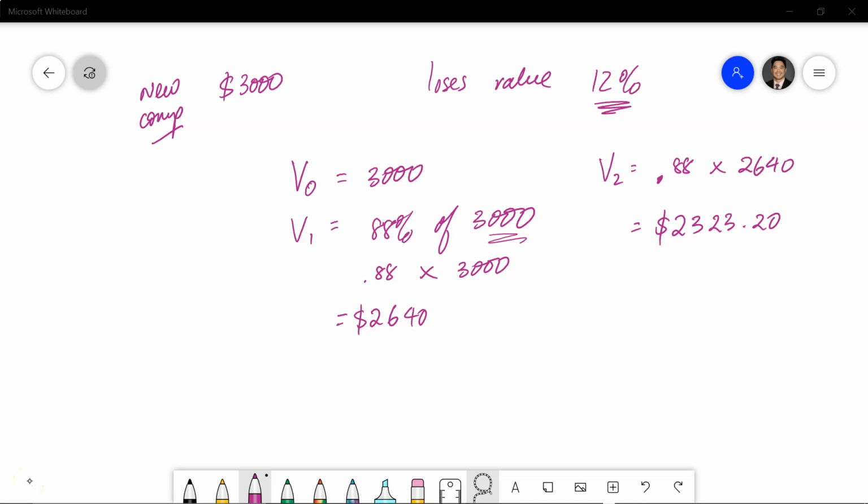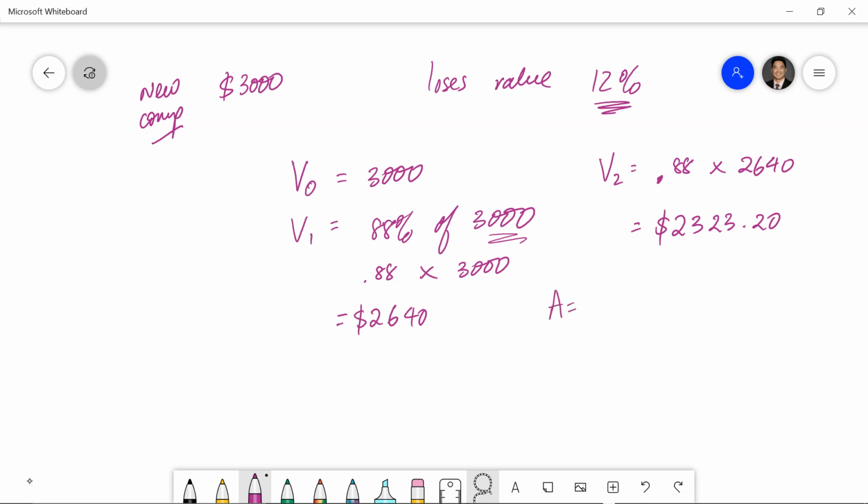But because you already know that your final amount is your initial amount times 1 plus or minus r over 100 to the power of n, where n determines the number of years, in this case we apply the same thing: 3,000, and then the rate is 12.